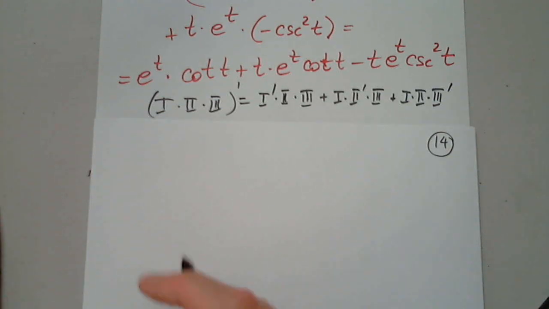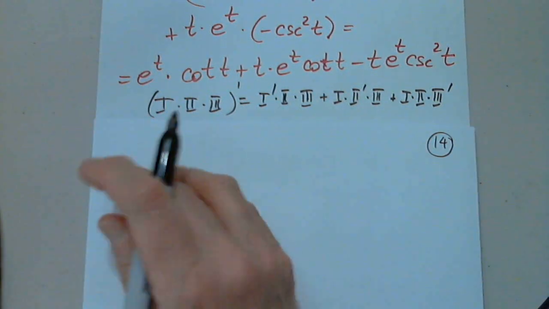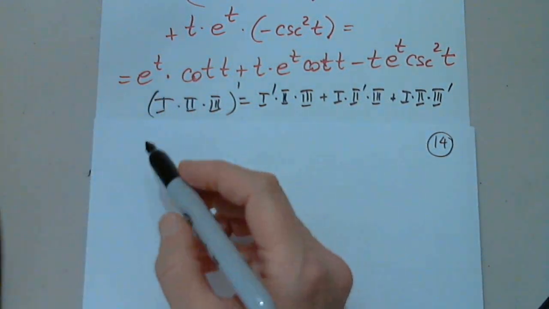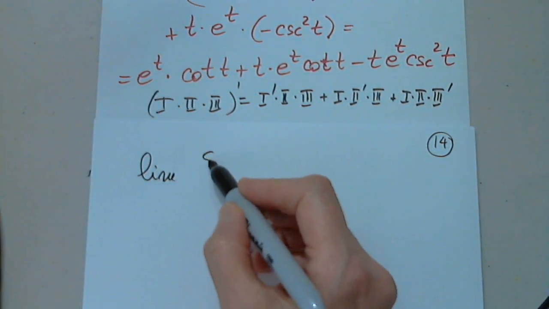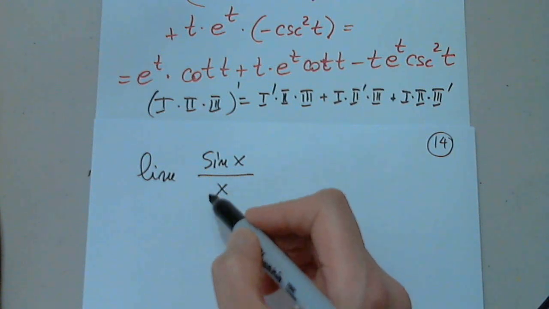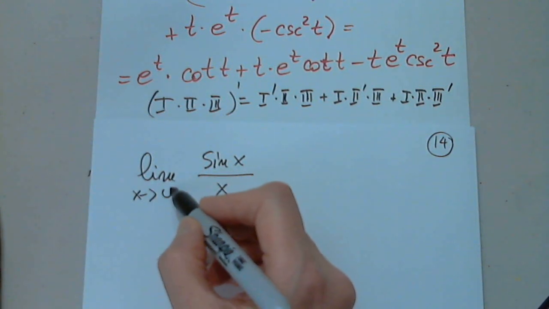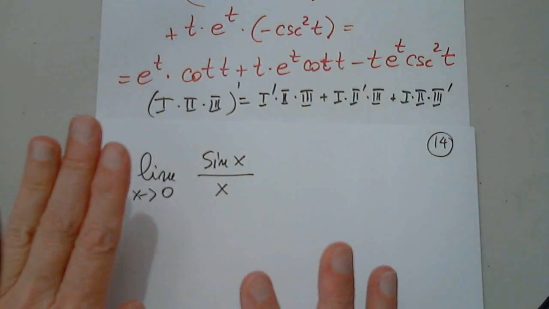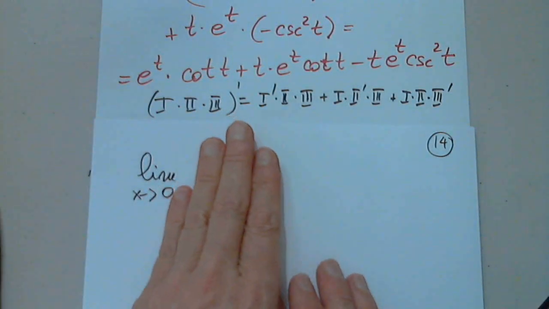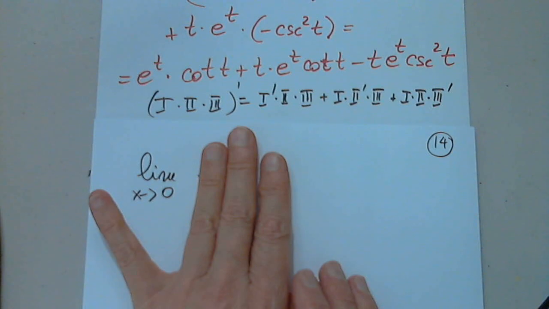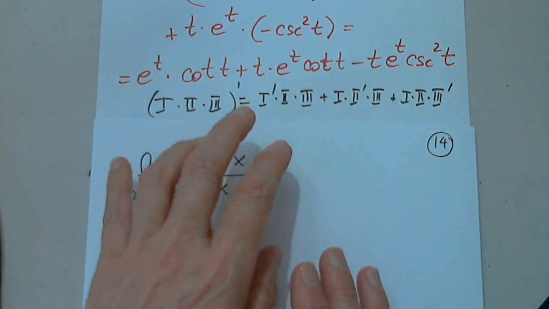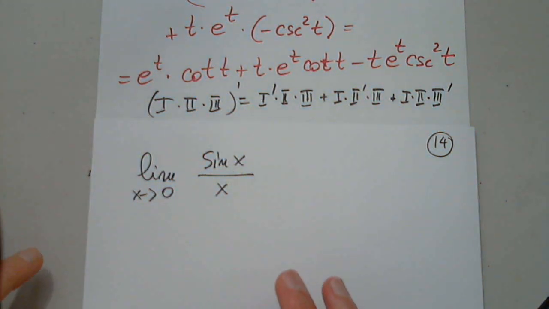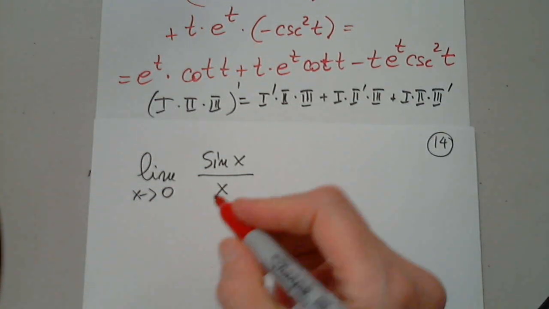Good. So we are looking at something that I mentioned to you last week. The limit of sine x over x as x approaches 0. Okay, I have a limit. What do I have to do first with limits, always? Okay then. What do we get?